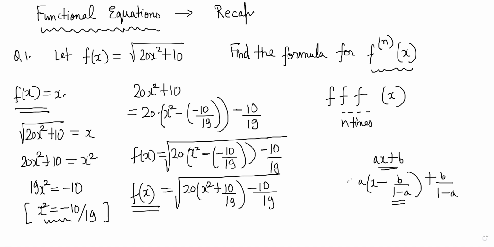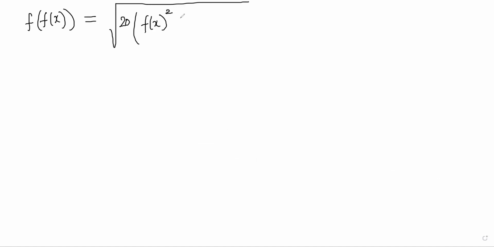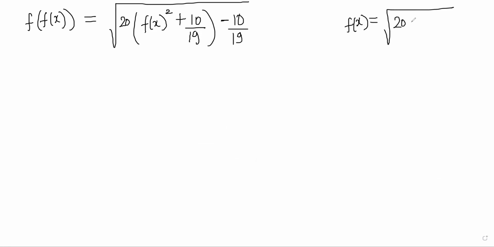So let's see whether the patterns that we saw earlier for fixed points still work. We'll try to find f of 2 of x and see what happens. So f of 2 of x would be root over 20 times f of x square plus 10 by 19, minus 10 by 19, because we know that f of x was root over 20 x square plus 10 by 19 minus 10 by 19.